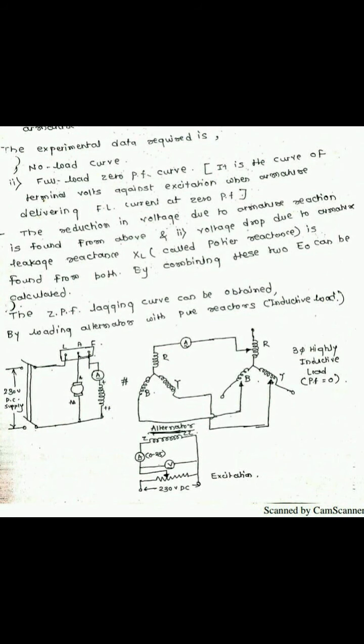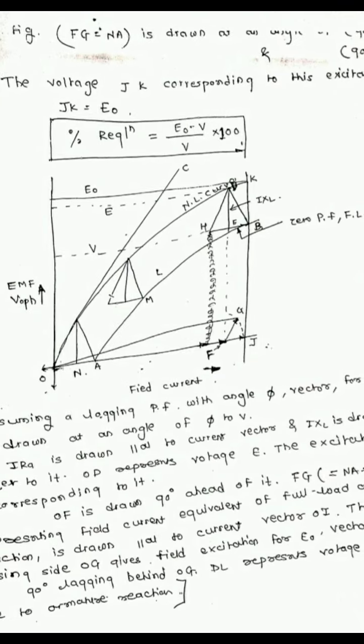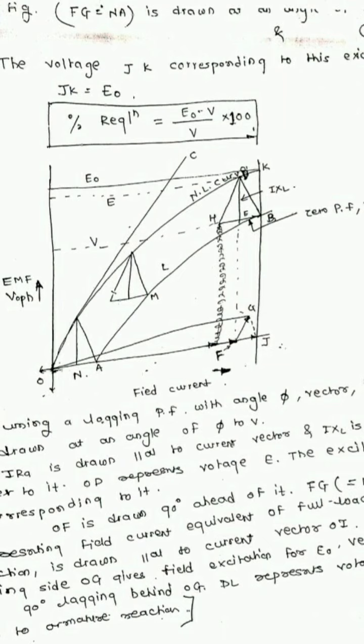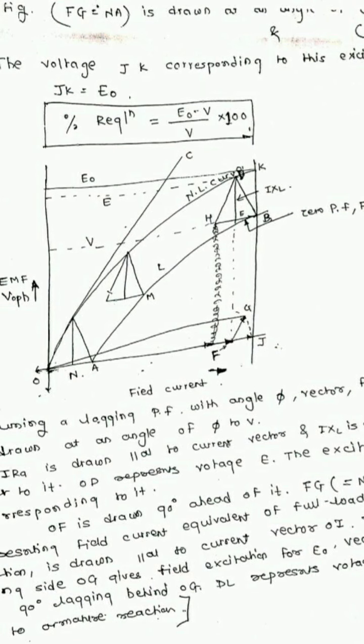So for understanding the zero power factor method, we should know the no load curve and the full load zero power factor curve. So let's start to explain the zero power factor curve in detail. As shown in the figure, point B was obtained in this manner when the wattmeter was reading 0.